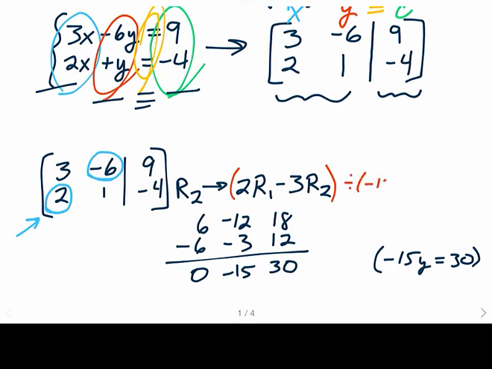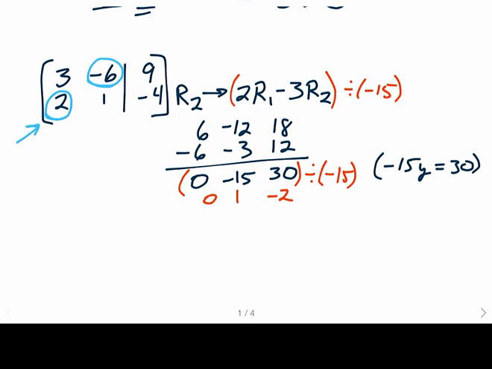And so I'm going to denote that I'm replacing row 2 by the result of what we just did, divided by -15. This new row becomes 0, 1, -2, and that's what I'm going to end up replacing the second row by.